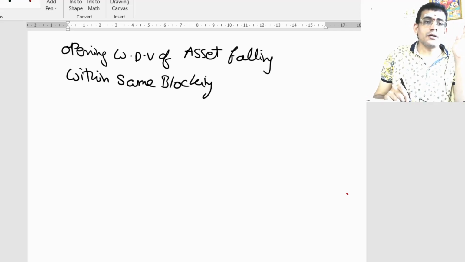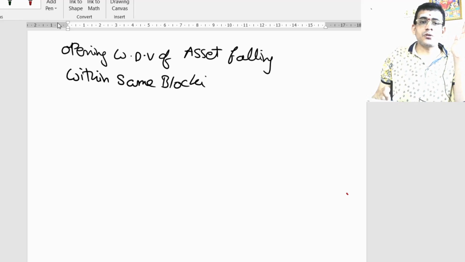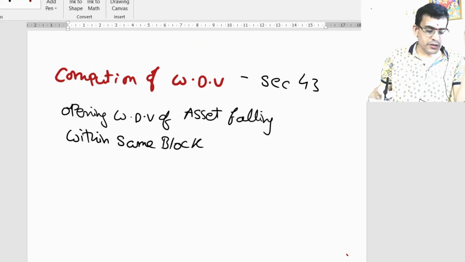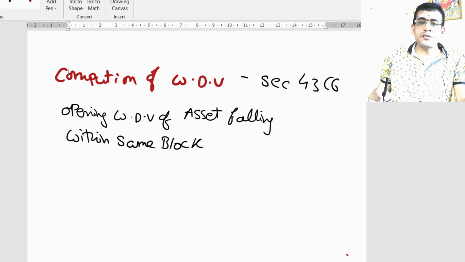So here what the act says is, falling within the same block. Whatever assets are falling under the same block, the total WDV has to be considered. This is nothing but your section 43. Section 43 subsection 6 speaks about computation of your WDV.